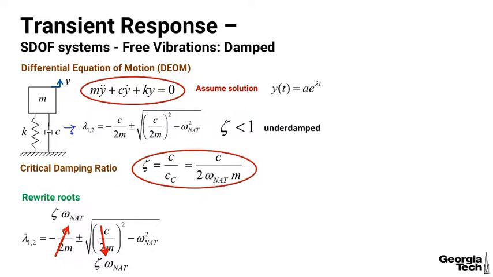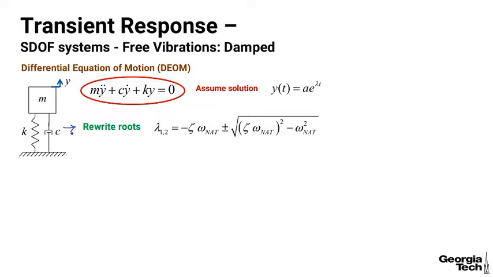My characteristic equation roots now look as shown here, and then I can factor out the omega natural from underneath the radical, because I have omega natural squared in both terms. I end up with minus zeta omega natural plus or minus omega natural times the square root of zeta squared minus 1.